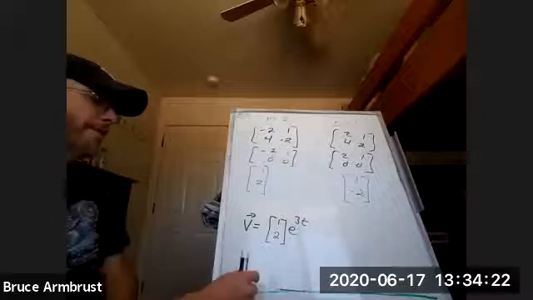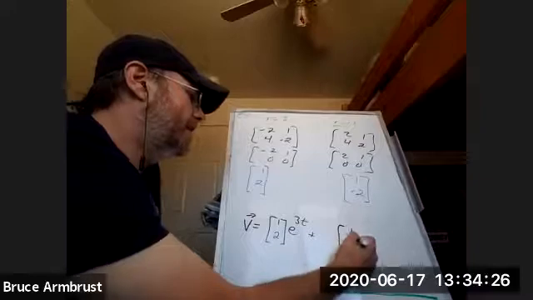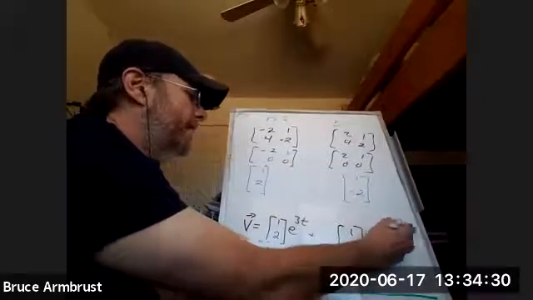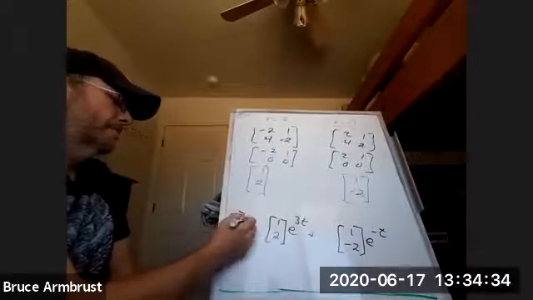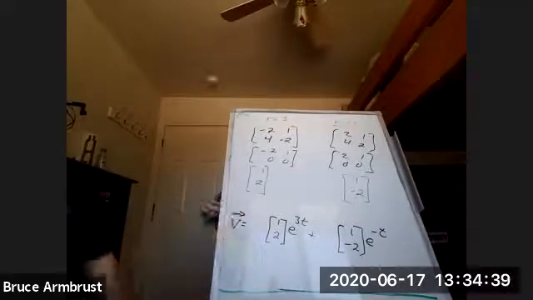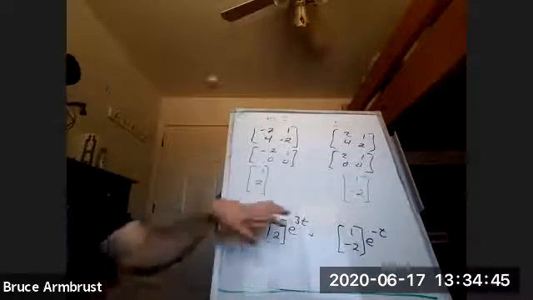So that's one of my fundamental set. The other of my fundamental set is 1, -2 times e to the -t. So that's how we're going to build these. You're going to take your eigenvalues, put them in as your exponents, and your eigenvectors are the multiples on them. So there's our fundamental set.